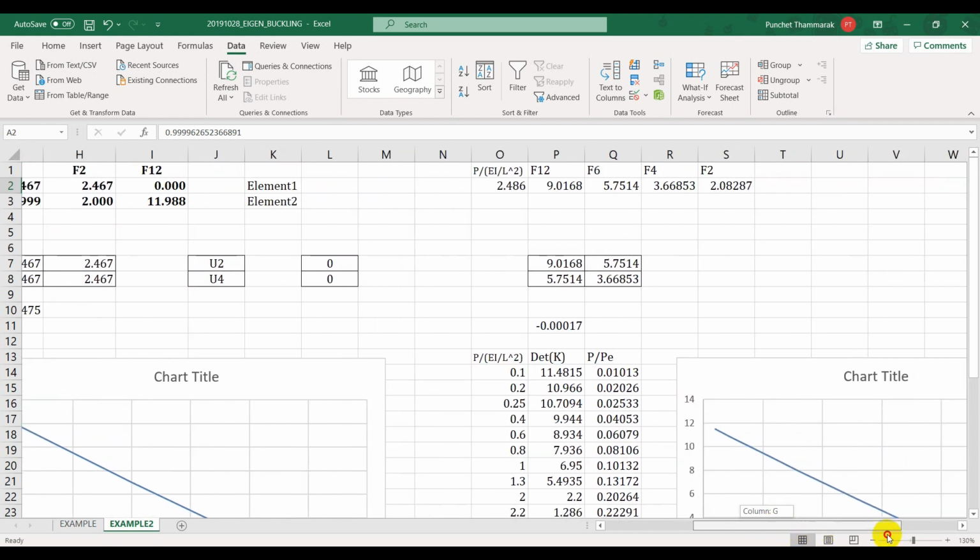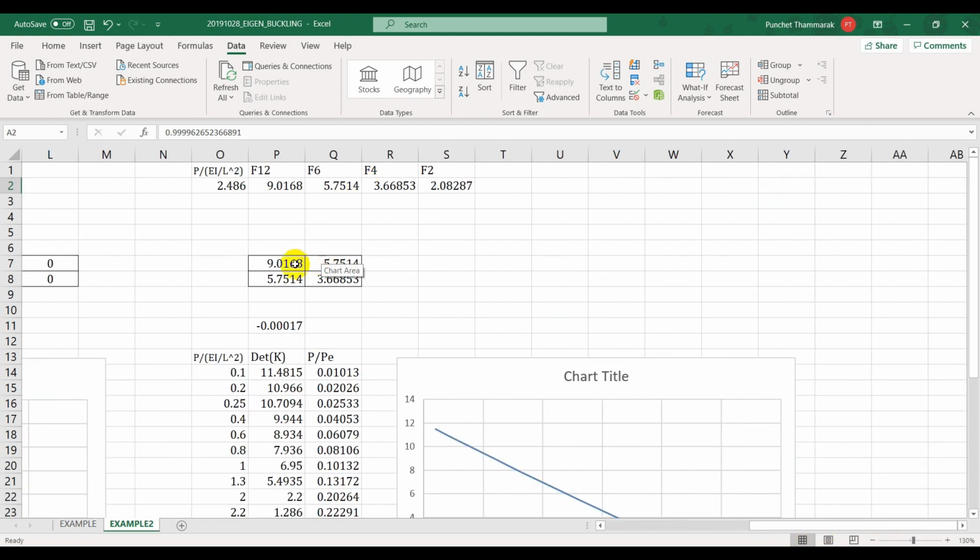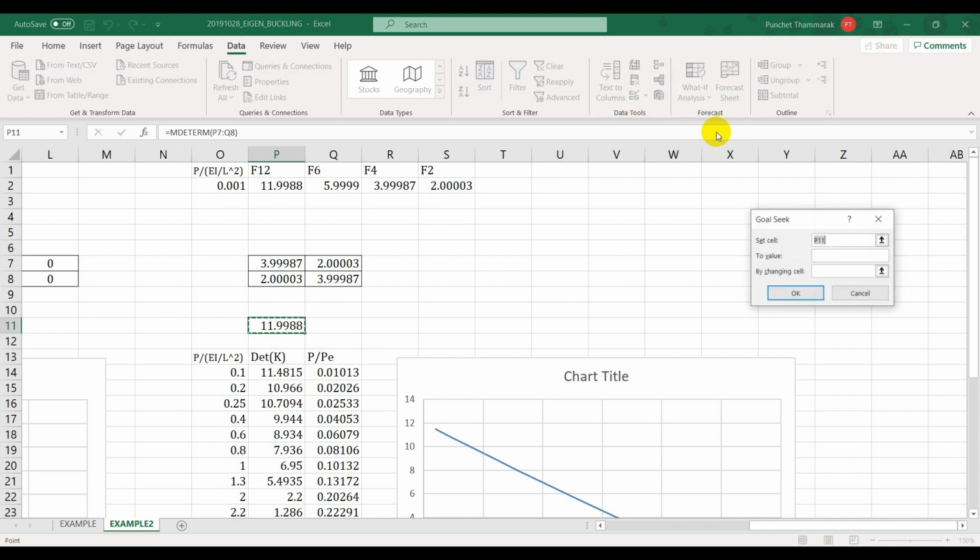If we look into the geometric stiffness matrix here, I change to F2 and F4. Let me start with 0.001, and then goal seek, we need 0 by changing this cell.